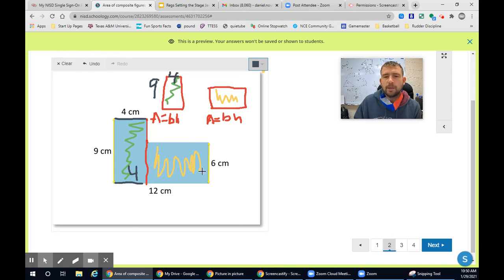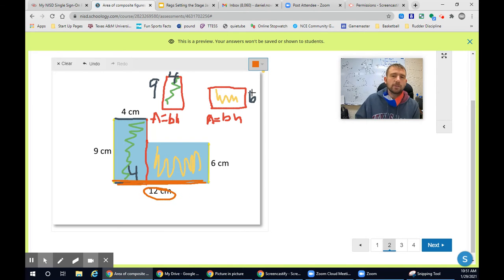So looking at the yellow rectangle, I see that it has a height of 6, but I'm not quite sure what the base is. So we're going to have to use what we know about properties of rectangles to help us determine that. What I do know from the composite figure is that the entire bottom of this figure, the entire base of this figure, is 12.